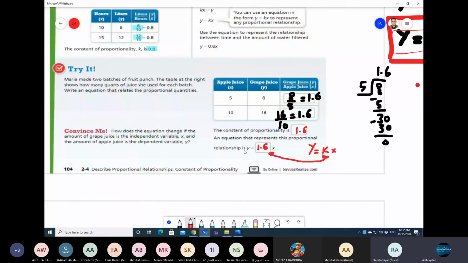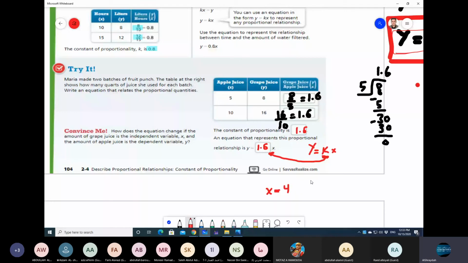Now you can use this equation. If I told you the value of apple juice is 4, could you please find the value of grape juice? Here x equals 4. To find the value of y, you just substitute.